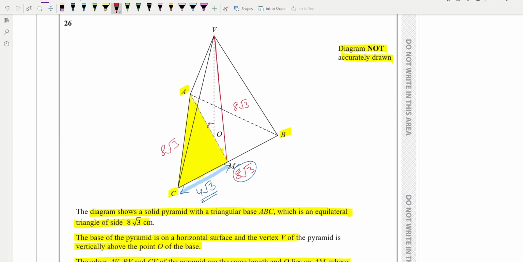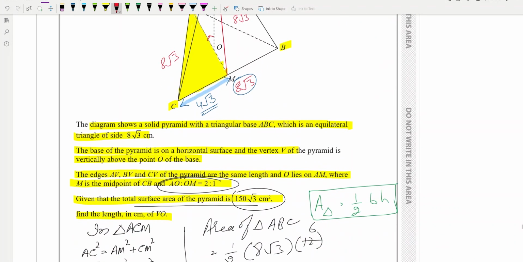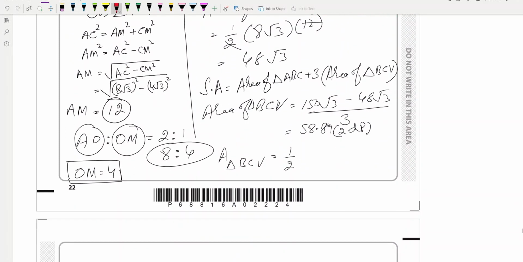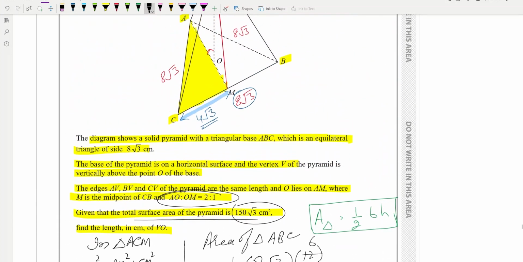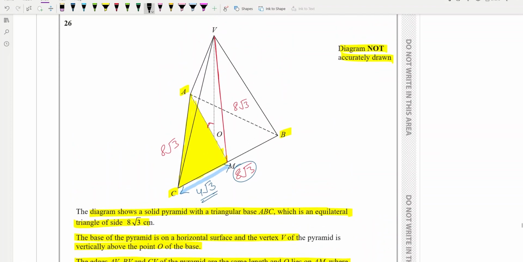So slanting triangle, with the slanting height of MV, so we can write this will be half into CB into VM. CB is which one? CB is base, base and height.